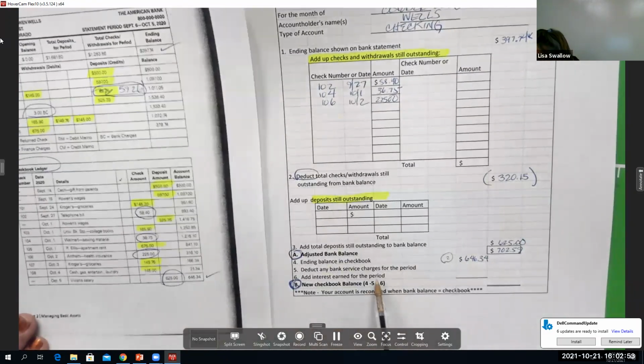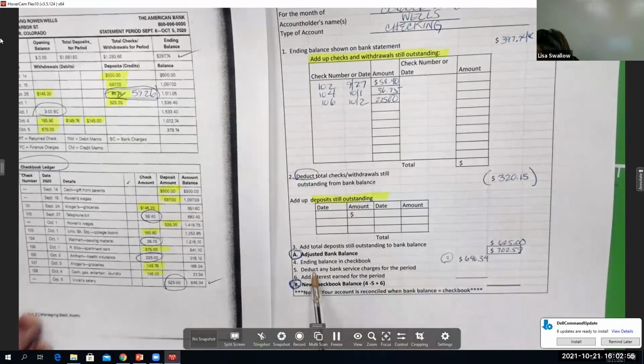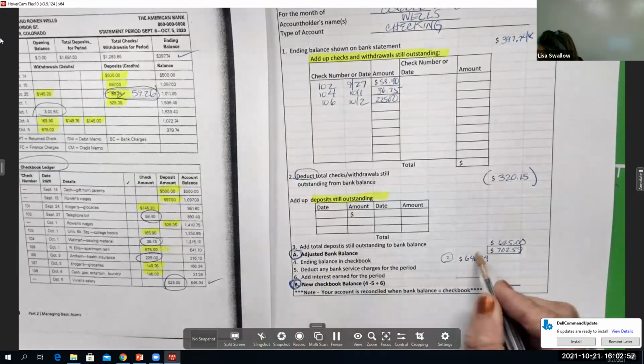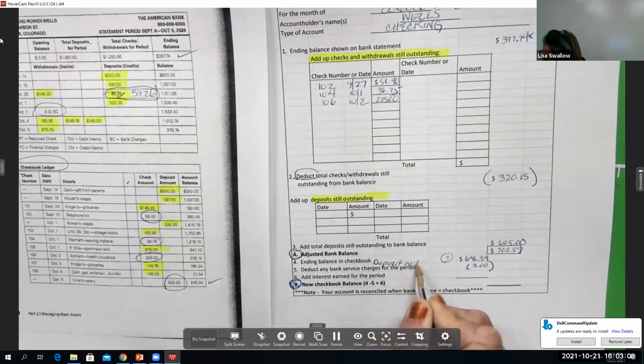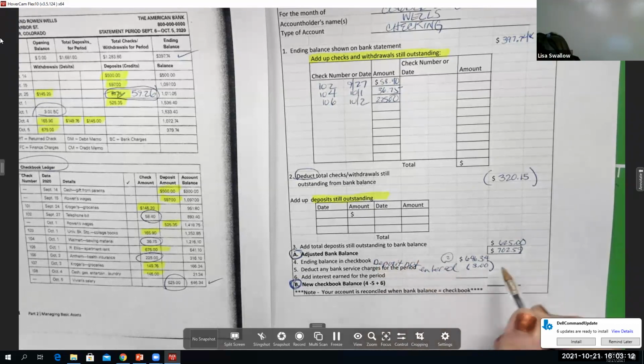So those are adjustments here. So deduct any bank service charges. And then this was a deposit I didn't enter for $59.26.